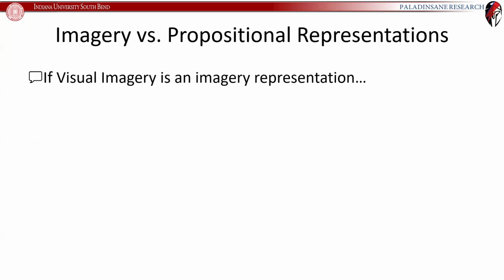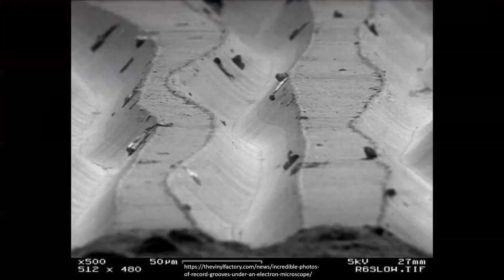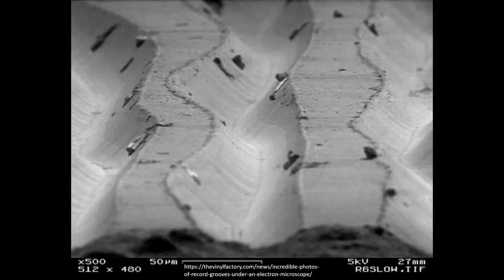So just to kind of nail this home, if visual imagery is an imagery representation, so if our cognition is actually represented by an imagery representation, so not just our experience of it, but the actual representation preserves that structure. It's going to be in our minds like grooves in a record where it's not sound, but it looks like sound.